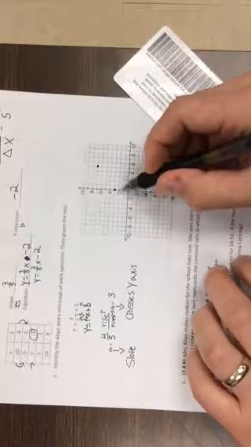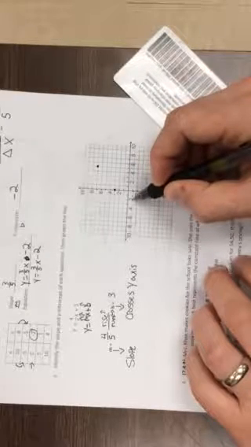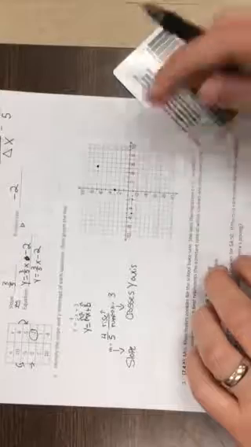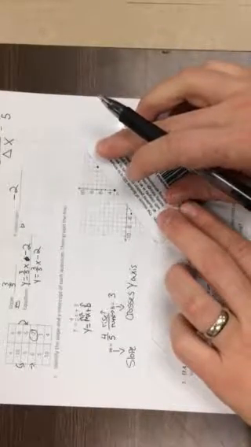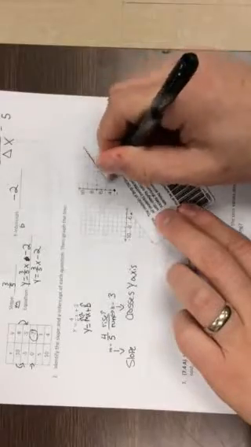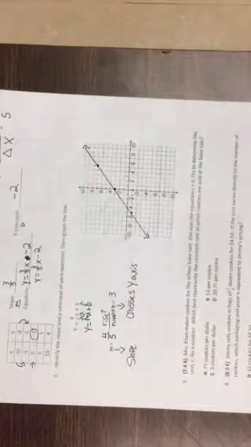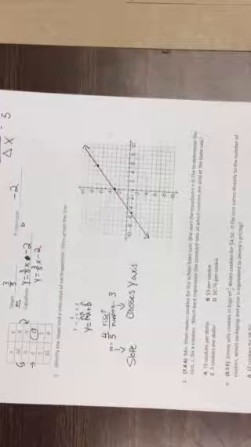So now I'm going to go 1, 2, 3, 4, and 1, 2, 3, 4, 5. And then I will trace the line. Remember, these lines go to the very end, and they have arrows because they never end. Okay? So that's what it should look like. So that's how you graph an equation there.